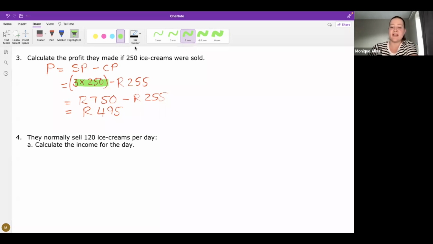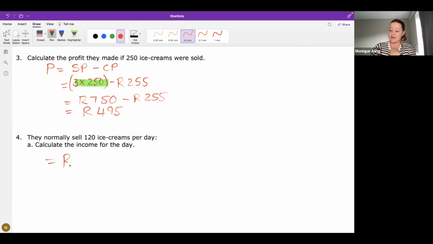Okay, so for this one, we're working out income. Remember, income is the money that is coming into the business, so coming into the tuck shop. That means we're looking at selling price specifically, because every time they sell one ice cream, they are getting 3 Rand in to their business.